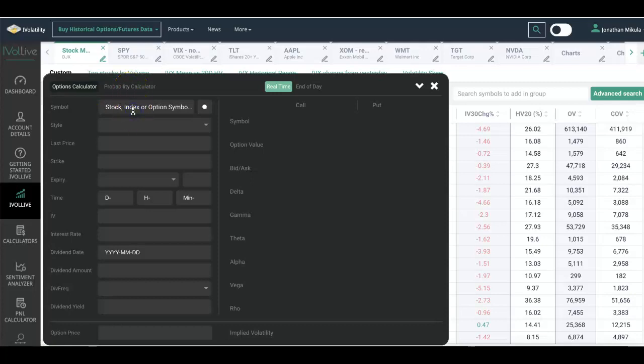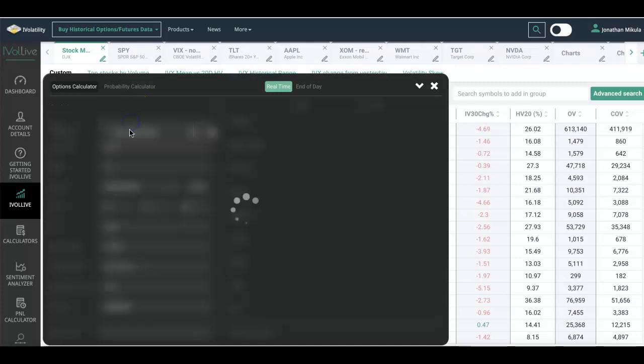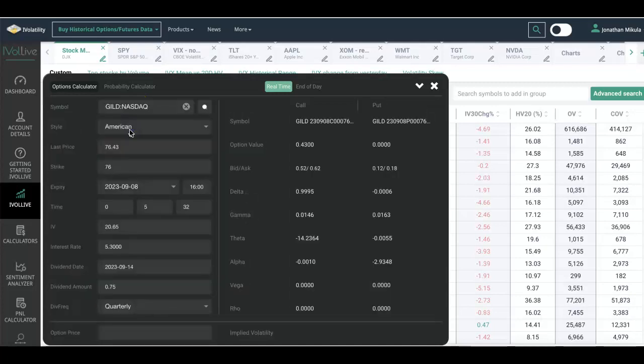So here we would need to enter a symbol. Let's say Gilead. That'll pull up whether or not it's an American or European style option. Gilead's American. That'll pull up the last price, the nearest at the money strike price, the nearest expiration date. That'll tell us the time to expiration, which in this case would be later today as I film this on a Friday.